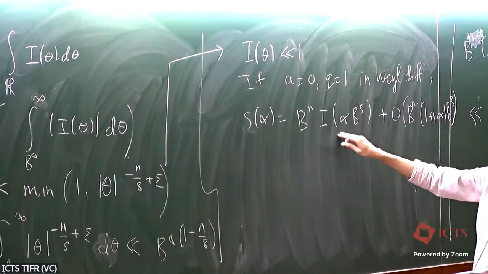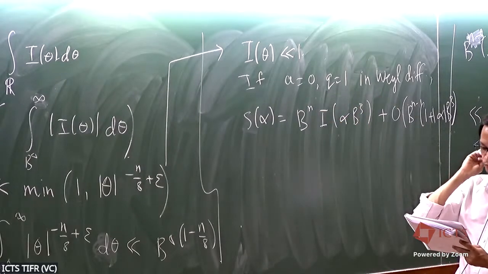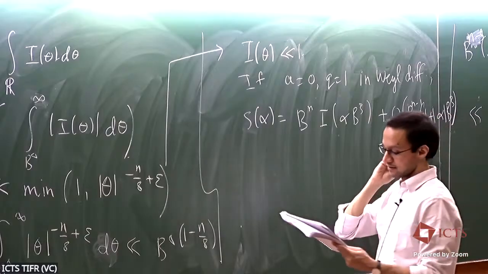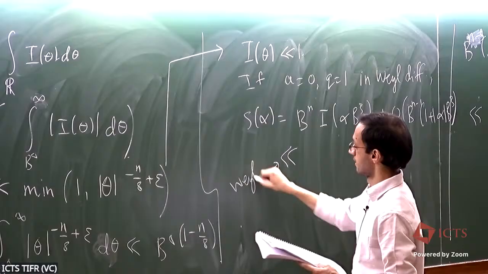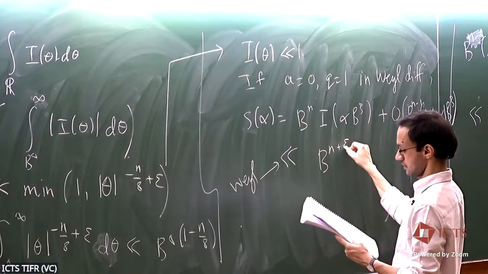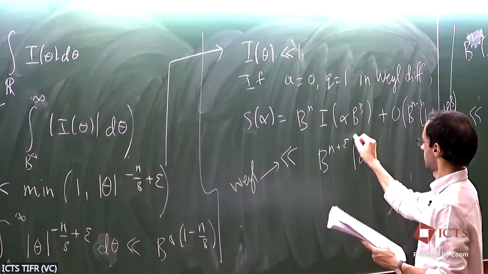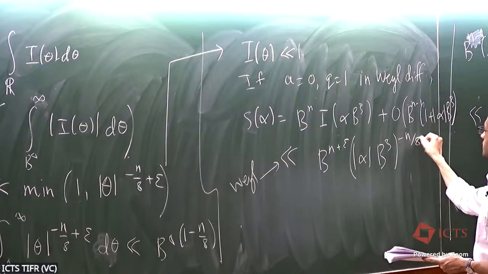And this is the contribution if you take all of this, just A equal to 0 and Q equal to 1. Now this is the while differencing part, we should end up getting less than b to the n plus epsilon alpha times b cubed to the minus n by 8.